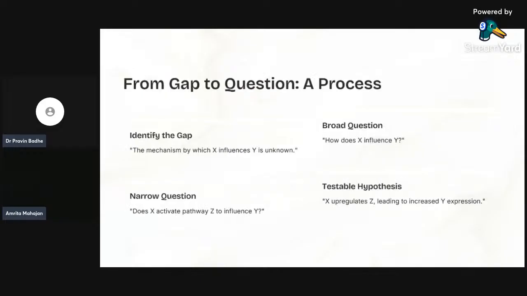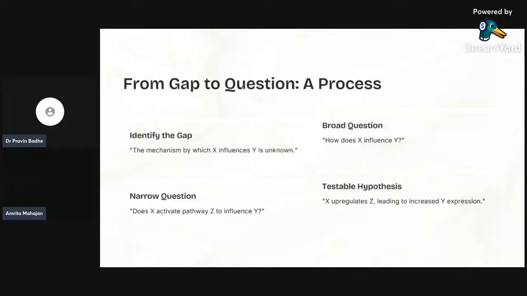Then comes, from gap to question. It's like a process that illustrates turning a broad research gap into a hypothesis. First, the process begins with identifying the gap. This is the starting point. As we can see, it's a general statement that tells us what's missing in the existing research. And then formulating a broad question.